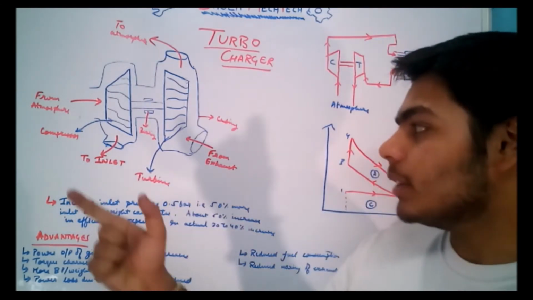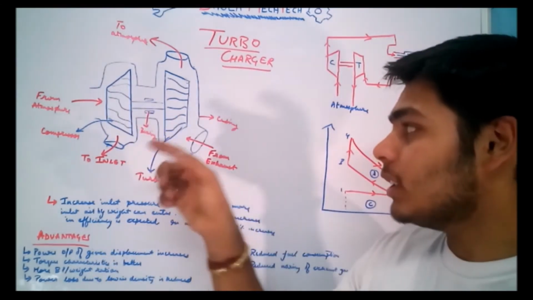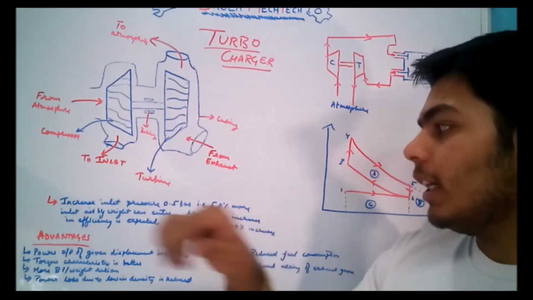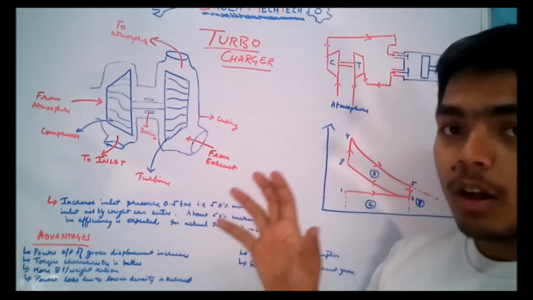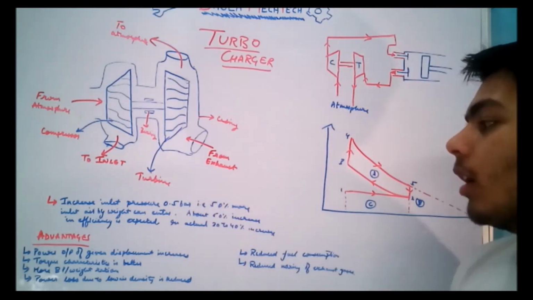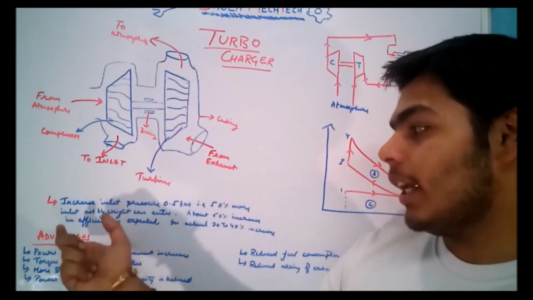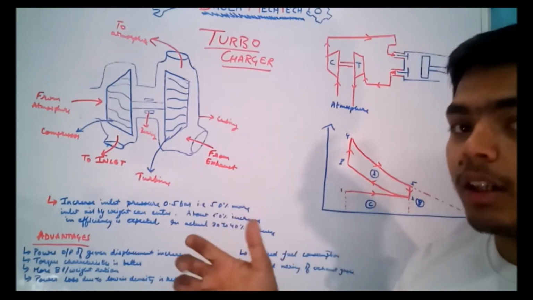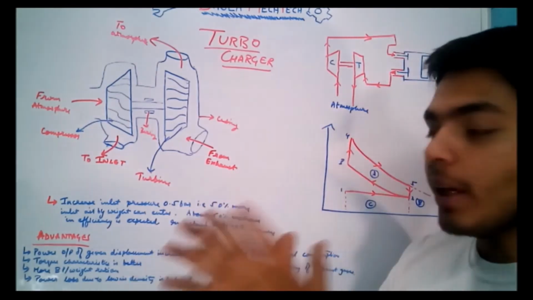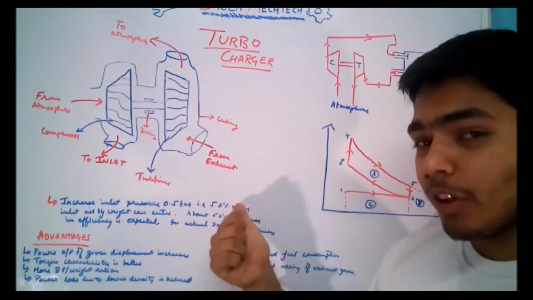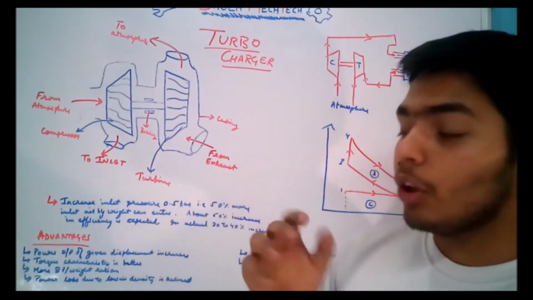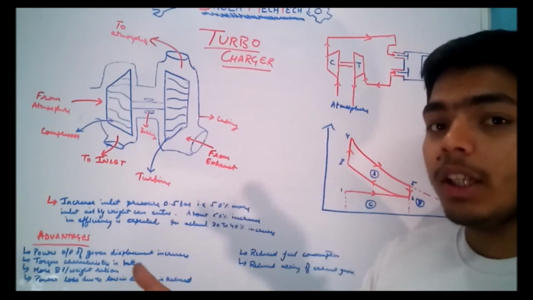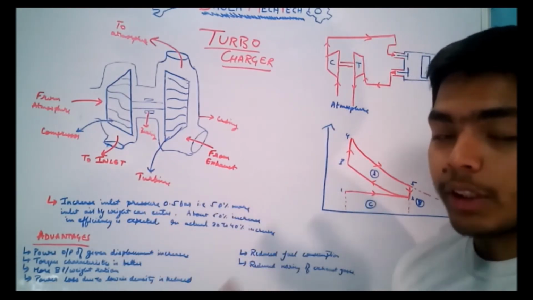Due to this functioning of the compressor, the inlet pressure increases by 0.5 bar, that is 50 kilopascal. That is 50% more inlet air by weight is going to enter the engine of the same cubic capacity. Due to this 50% more inlet air, about 50% of the efficiency could be increased, but actually about 30 to 40% of the efficiency is increased.